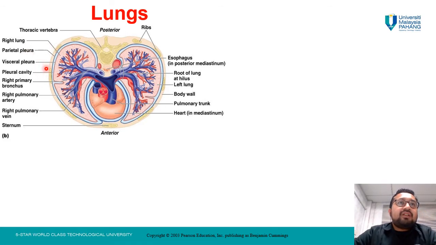Okay, and then we've got parietal pleura, visceral pleura, as I mentioned before, and then pleural cavity. Inside the pleural cavity, we've got pleural fluid, right primary bronchus, and then artery, vein, sternum here.